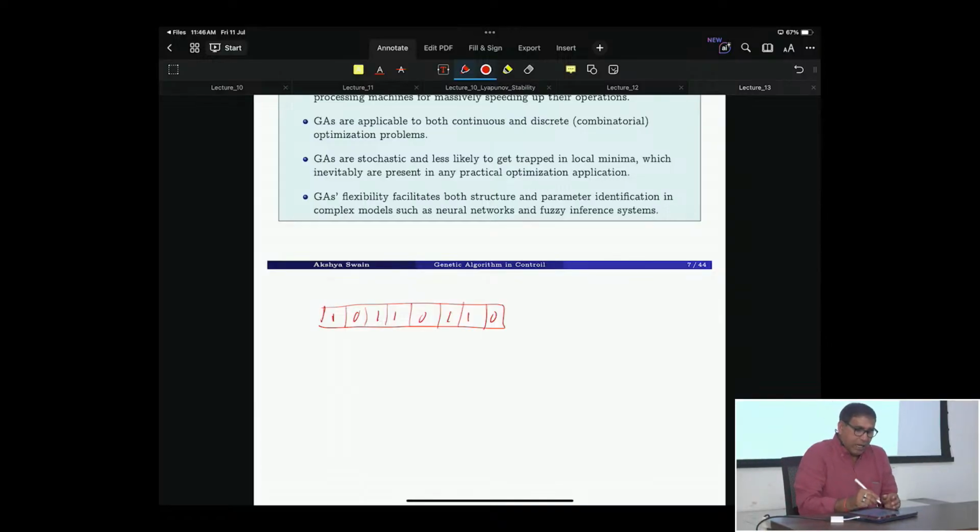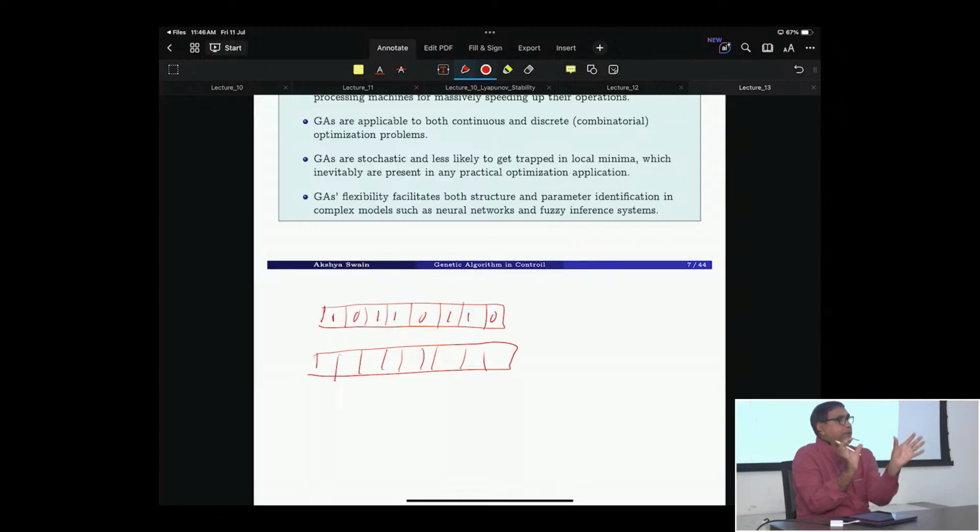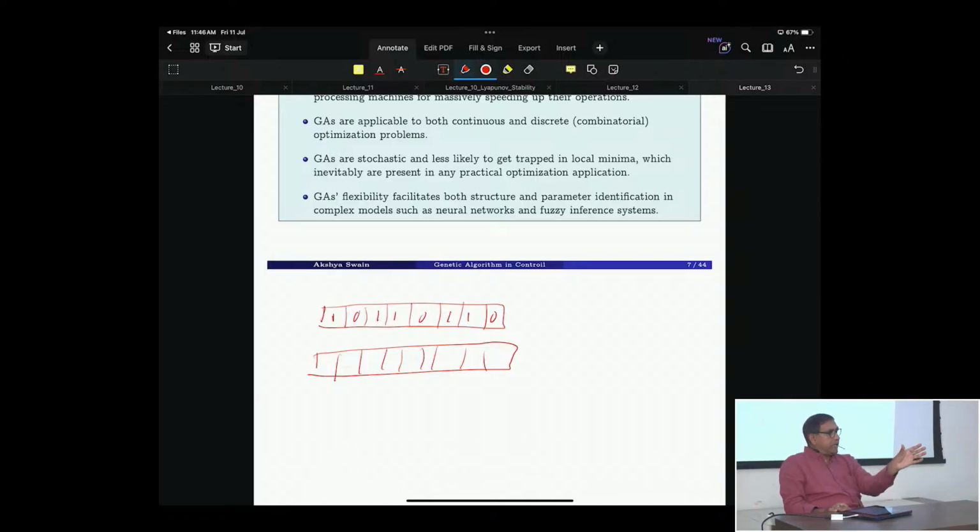Okay. So another binary string, another number. So these are the binary strings, depending on the number of bits. You define a range. So you generate the possible solutions. Suppose you generate a 4-bit chromosome, a binary string.